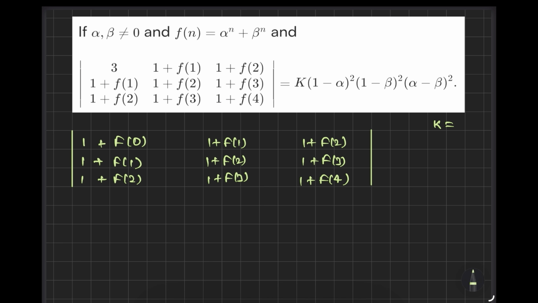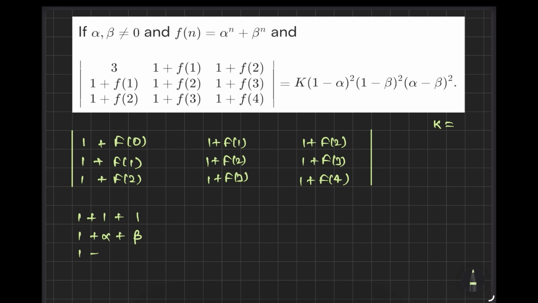Now, you know that you will not solve this question this way. So how will we open this thing? We will open the determinant first. Okay, so look at this. It is 1 plus 1 plus 1. Then it is 1 plus alpha plus beta.